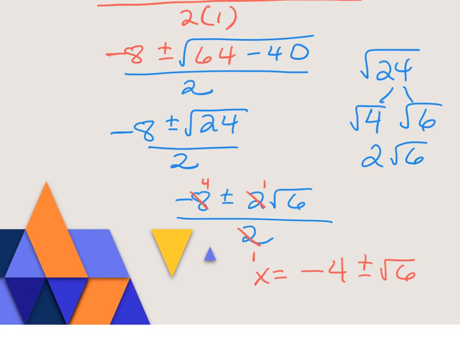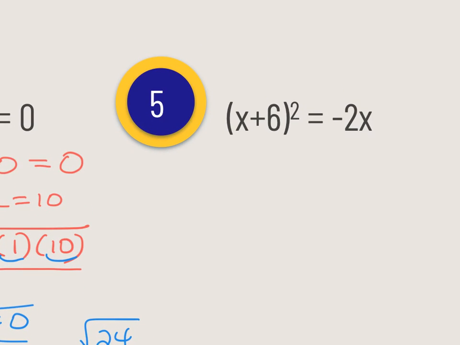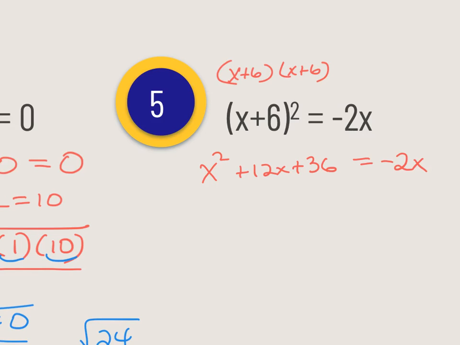One last example. For this one, we need to FOIL it first, because again, we want to make it set equal to 0. So I'll FOIL it, and I get x squared plus 12x plus 36 equals negative 2x.